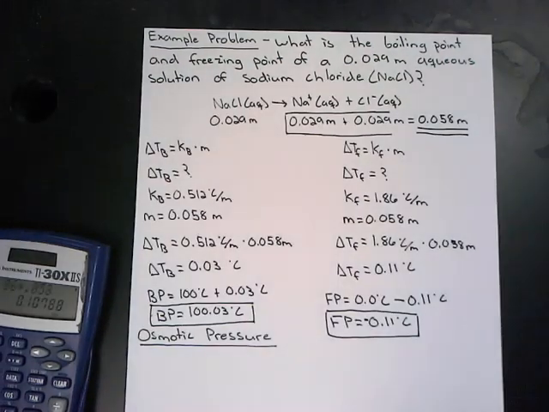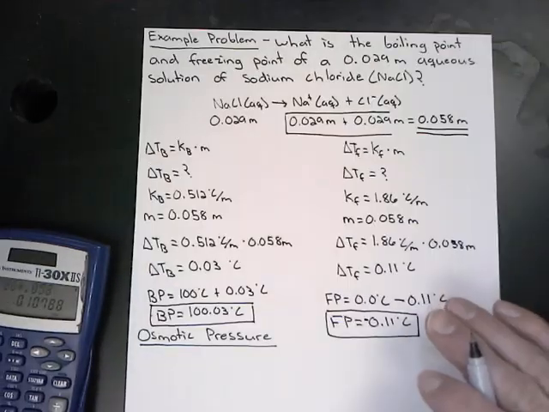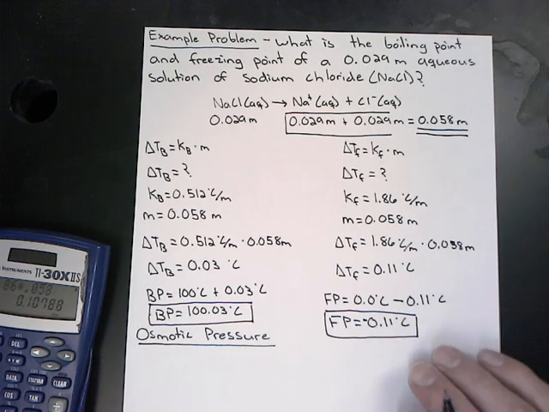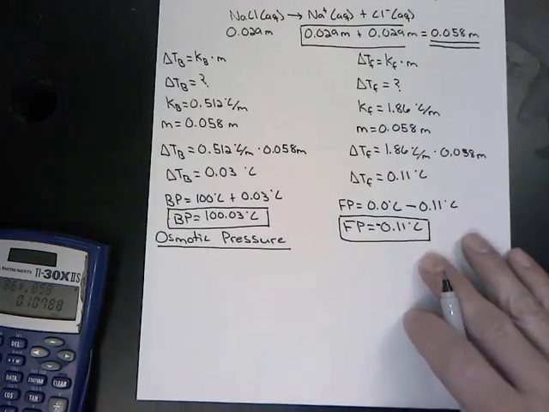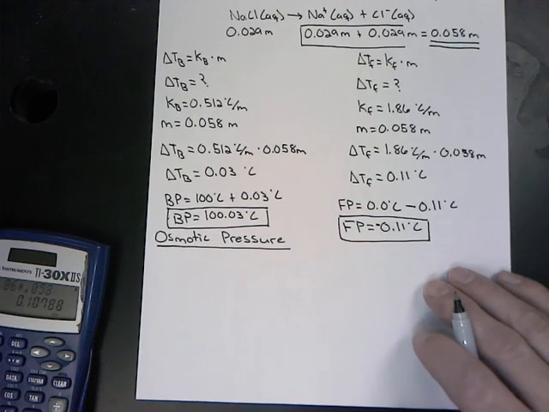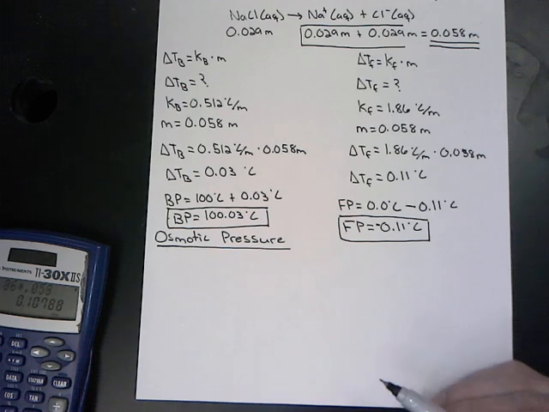Now, that's the only math problem for the section. There are a lot of formulas, a lot of thinking about what has to happen for this process. The last colligative property that we will discuss is osmotic pressure. Osmosis is the movement of water through a semi-permeable membrane.